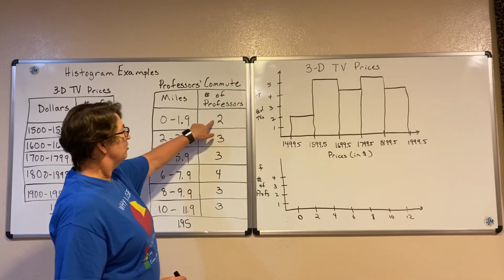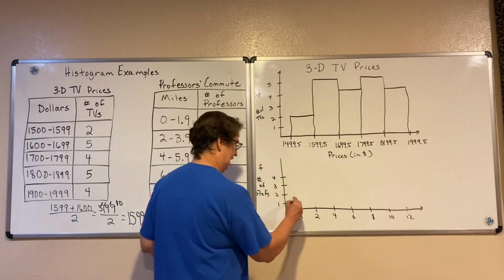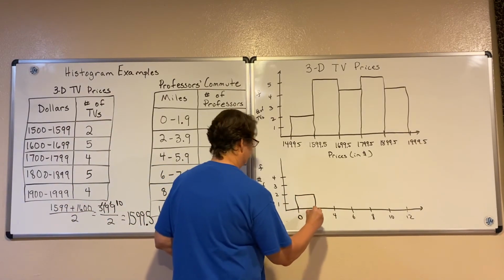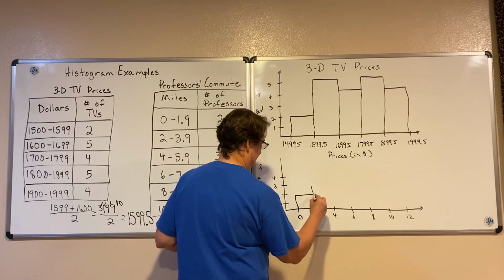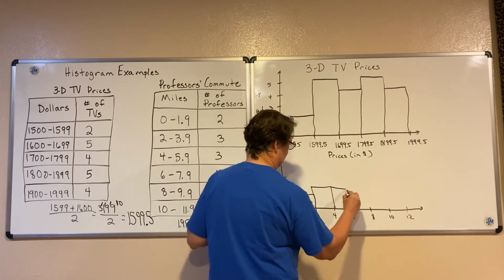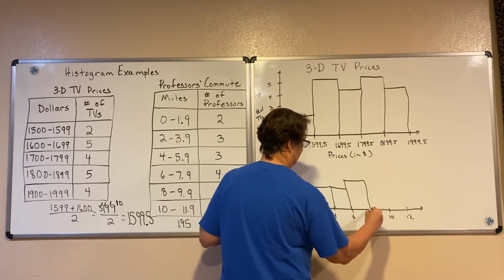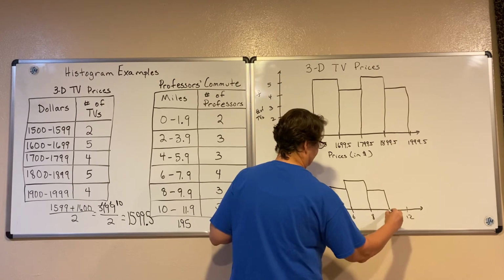I'm going to now make my bars for each category. So this was 2 high. The next one goes up to 3. The next one is 3 again. Then 4. Then 3. Then 3.